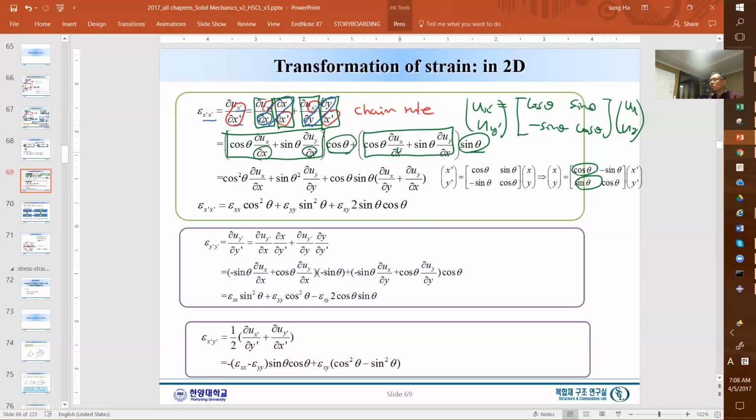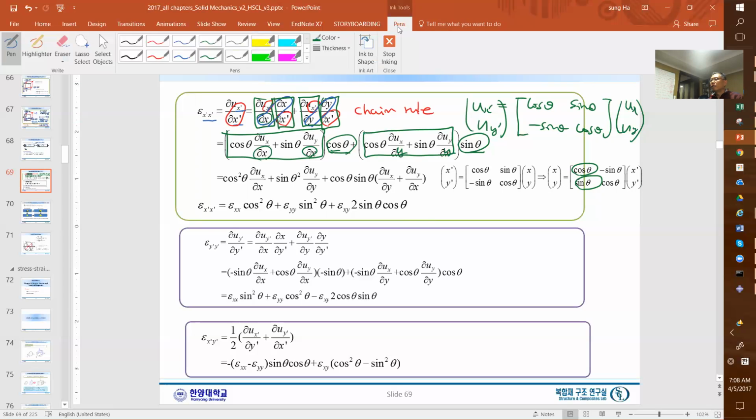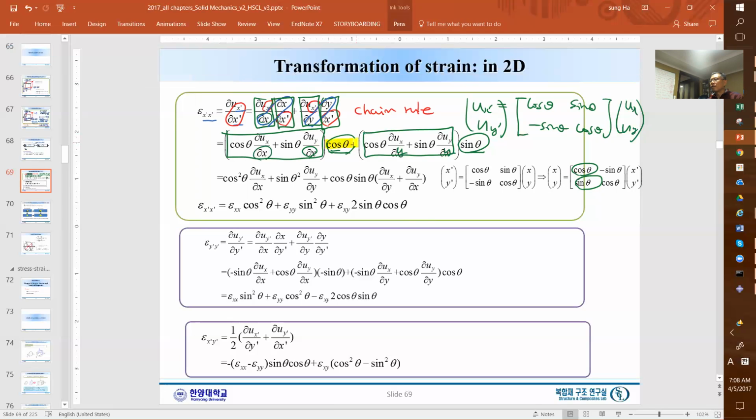Okay, so this should be y, and cosine and sine theta. Now we combine them, and I'm going to use a different color. It's a little complicated, but as you can see here, the cosine theta and cosine theta, we have a cosine square.